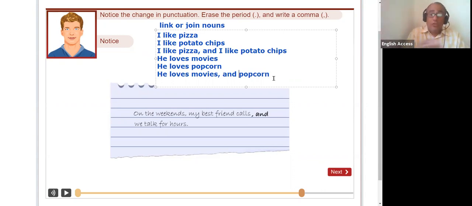So you can use the complete sentence or you can erase information that is not needed. Just like you said, Fatima, very good one. He loves movies and popcorn. That is enough. Very good observation, Fatima.